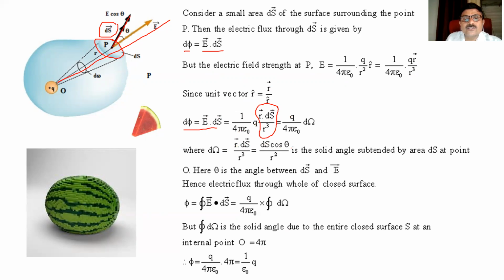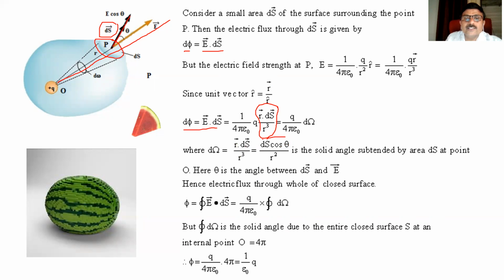Therefore, you can write r dot ds as r into ds cos theta divided by r cube. So r will get cancelled, and we get ds cos theta divided by r square.